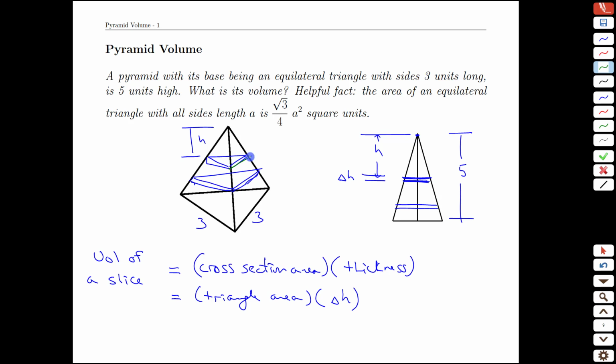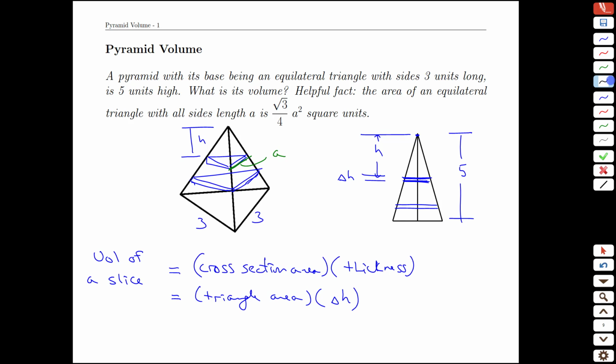So if we call this length here a, that would be handy, except I don't want it in terms of a, I want it in terms of h. So how do we get from this picture to an actual formula for the area based on where we're taking our slice? That's where the 2D picture here comes in tremendously handy.